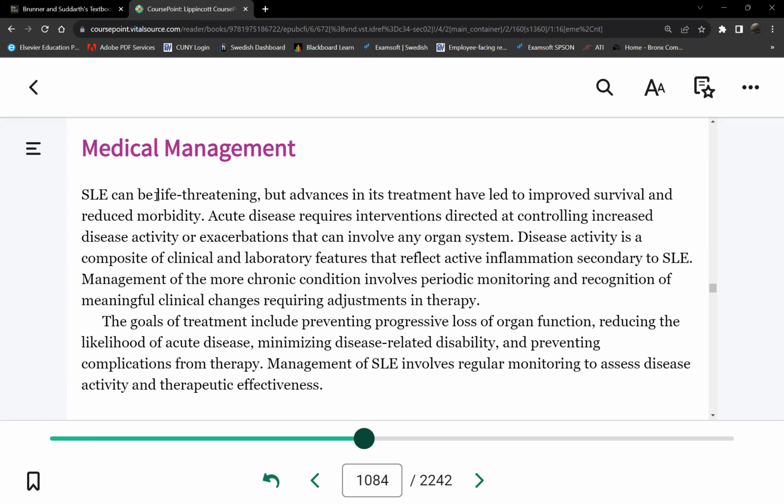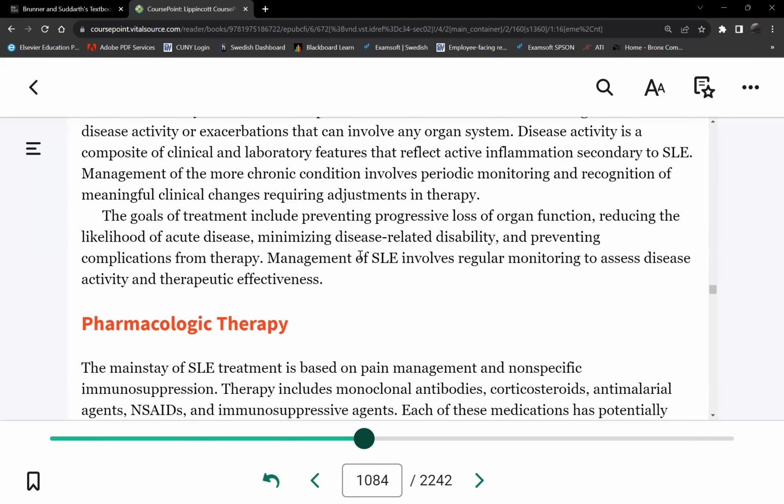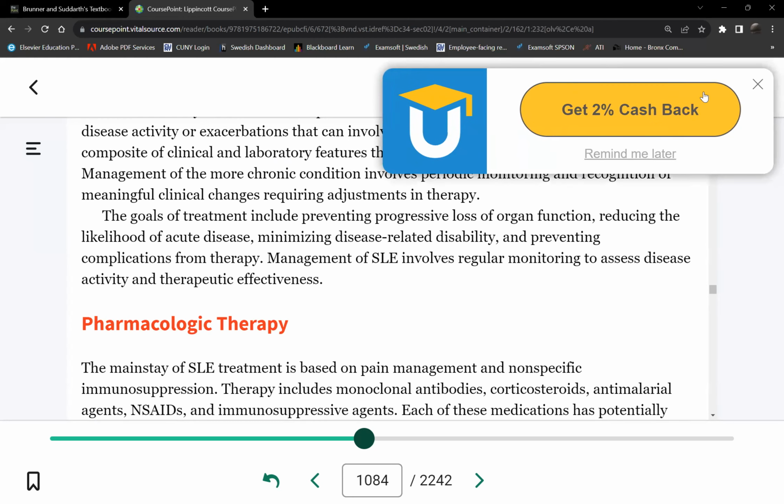As already mentioned, the life-threatening part of lupus is the exacerbation. It's the complications that result from this disorder. Most of them are related to treatment as well. So the infection is because of the drug therapy we use.